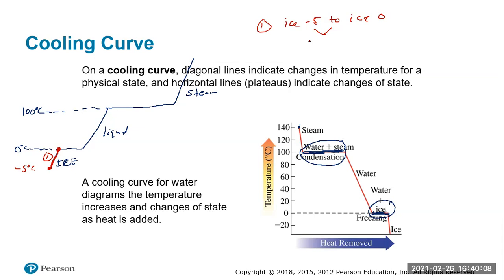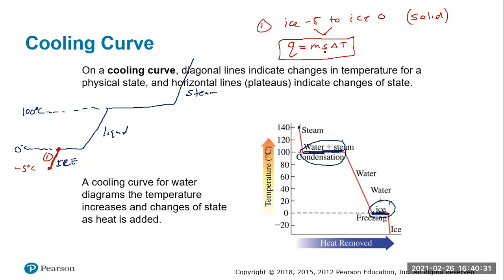Well, ice at minus 5 degrees and ice at 0 degrees Celsius is still the solid state. And this is why we talked at the beginning about specific heat. I am keeping the substance in the same state, but I am changing the temperature. That would be my Q equals m c delta T if I want to know how much energy is required to do that.